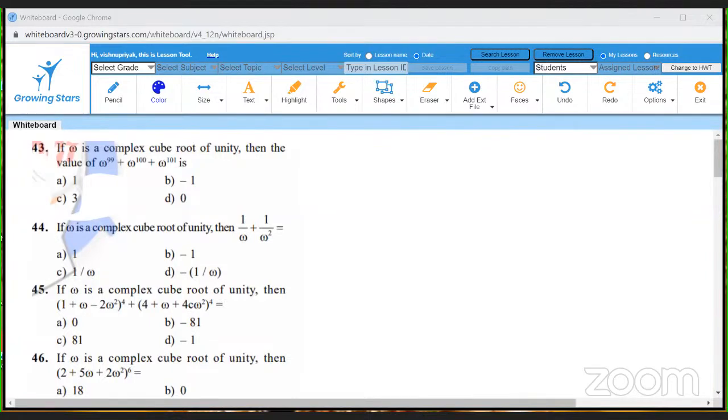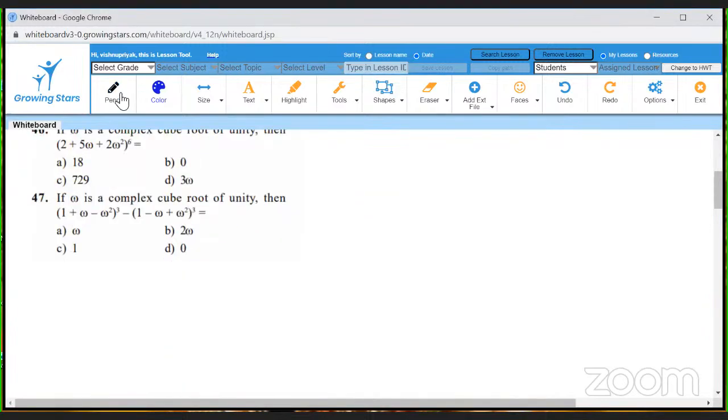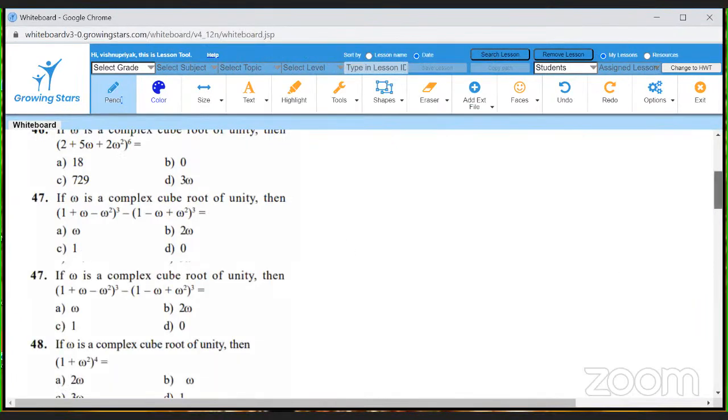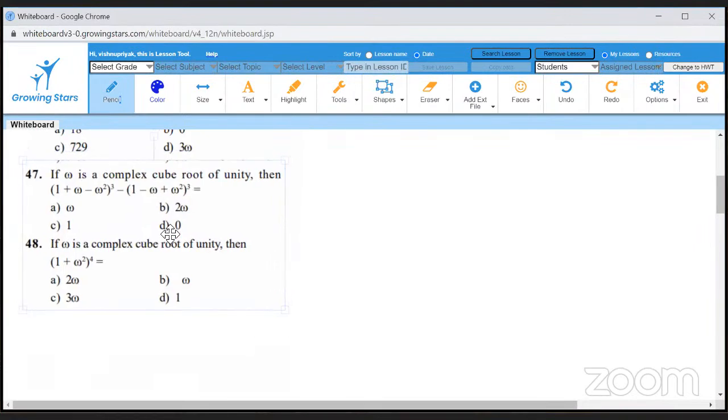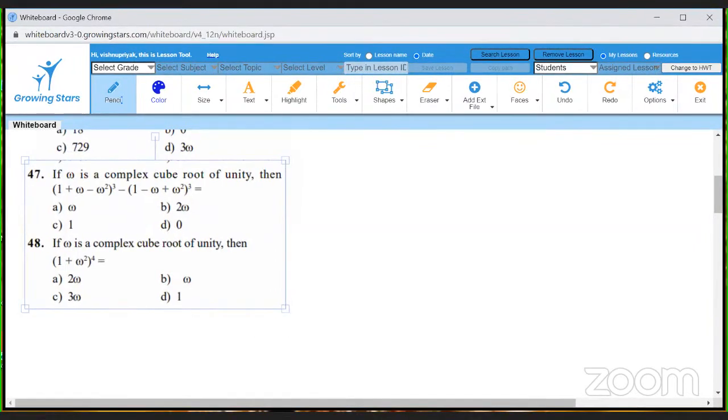If you do the homework problems, it means we are doing more and more problems. If you don't do homework, then we will be practicing only a few. Okay, question number 47 is repeated. 47, 48 I have copied. So that's all.